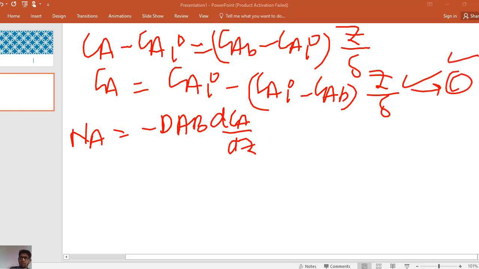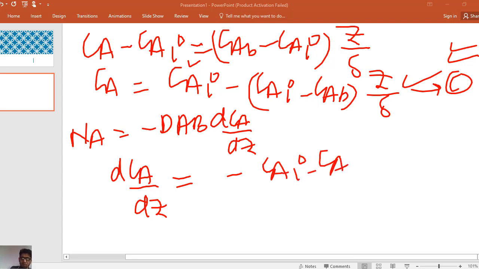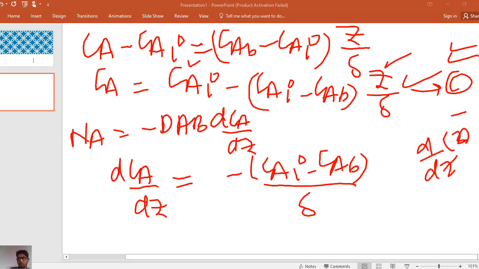Now differentiate equation C with respect to Z. The derivative of a constant is 0, so dCA by dZ will be equal to minus (Cai minus Cab) divided by thickness, and the Z cancels because dZ by dZ equals 1.